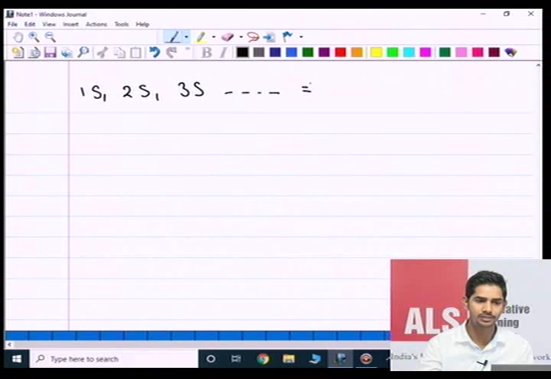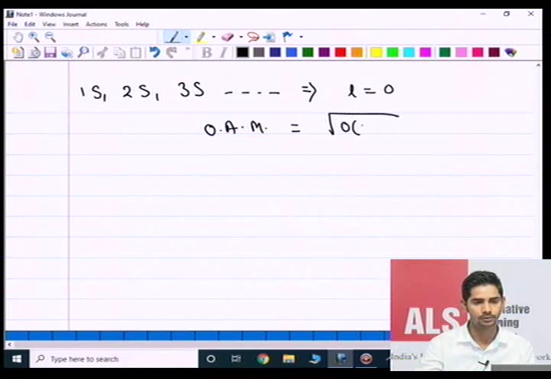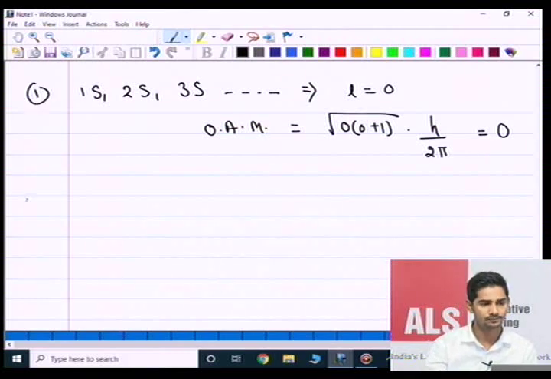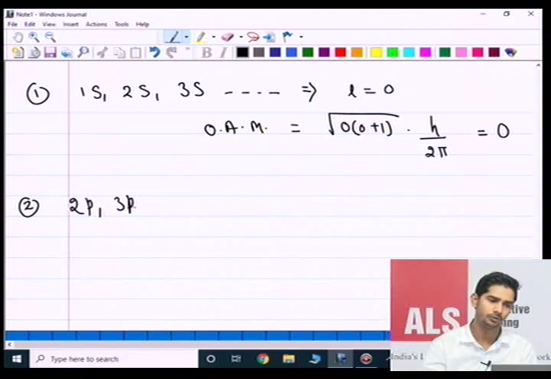In this case, we know that the value of L equals 0, so the orbital angular momentum will be root 0 into 0 plus 1 into h upon 2 pi. This whole value will become 0, so the orbital angular momentum will be 0.